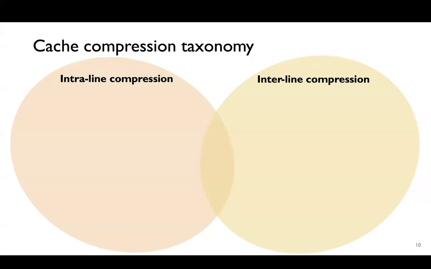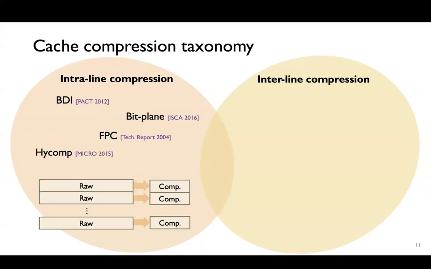Cache compression is one of the promising line of research in this area. By exploiting redundancy within the cache data, these techniques reduce cache footprint, effectively achieving the performance of a large cache using a smaller one. So cache compression method can generally be classified into two categories, intraline compression and interline compression.